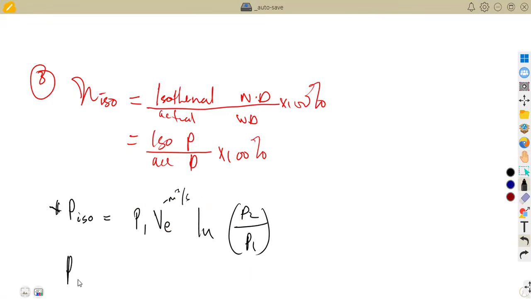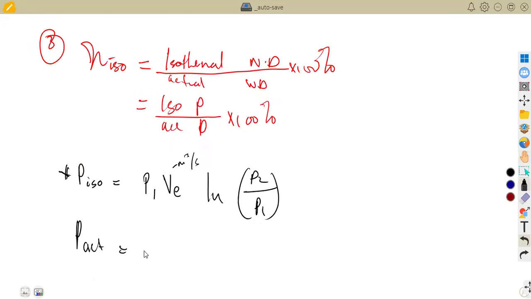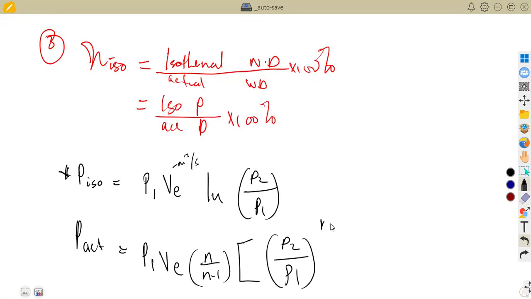And the actual power you are going to calculate from the formula P1 VE times N over N minus 1, times P2 over P1 to the exponent of N minus 1 over N, minus 1, in kilowatts, because this is in cubic meters per second. So that is what you're going to need on the efficiencies.